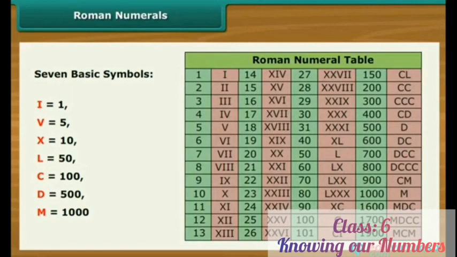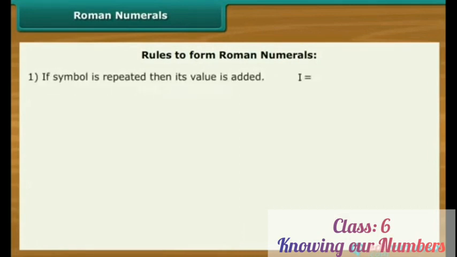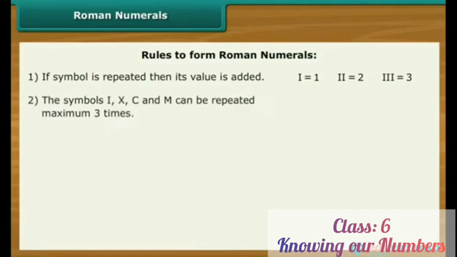There are certain rules to form numerals. They are: first, if a symbol is repeated, then its value is added. Second, the symbols I, X, C and M can be repeated a maximum of 3 times. Third, the symbols V, L and D can never be repeated.